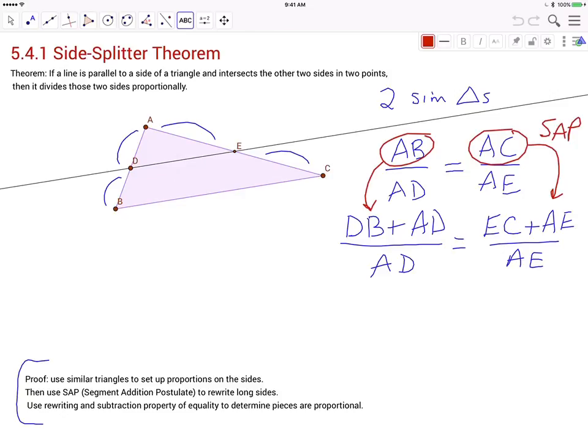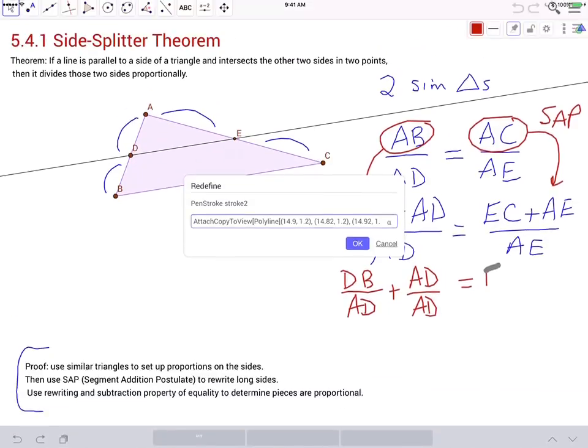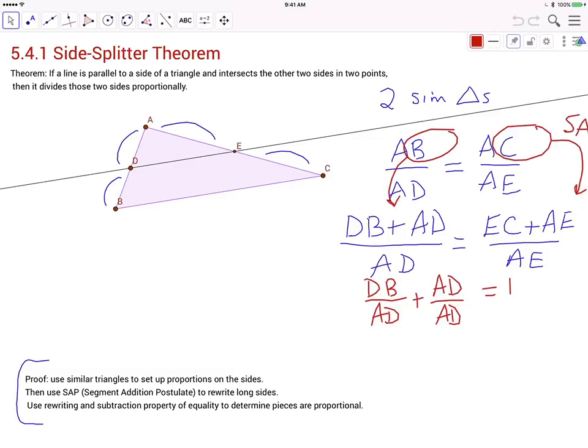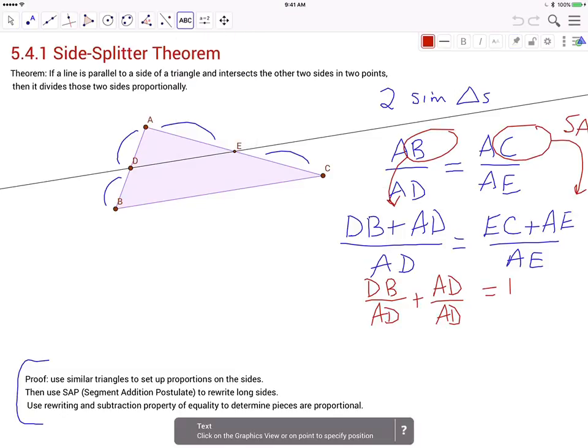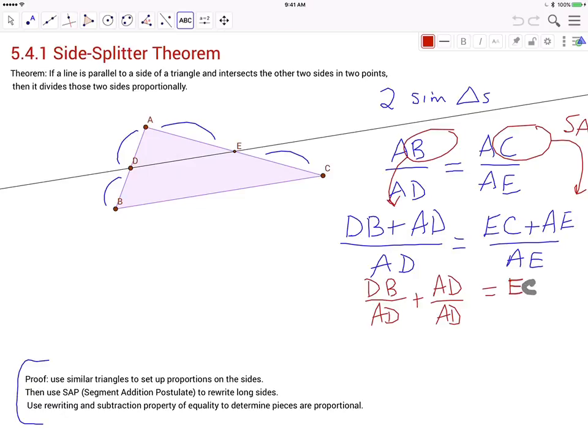What's nice is that one of the rules back from ratios, we noticed and remember that, look what happens here. If I break these up, DB over AD plus AD over AD, using rules of fractions, EC over AE plus AE over AE.